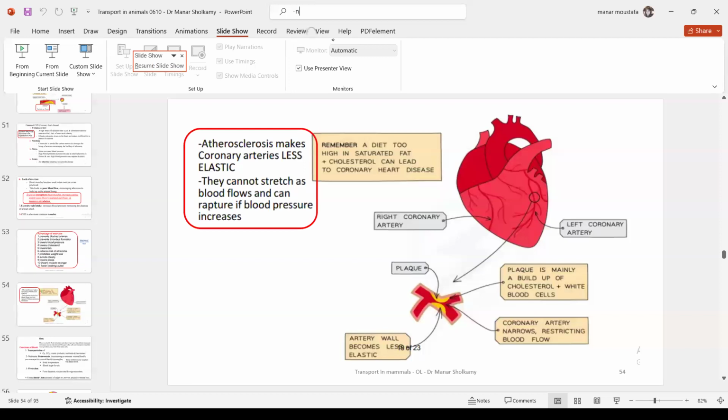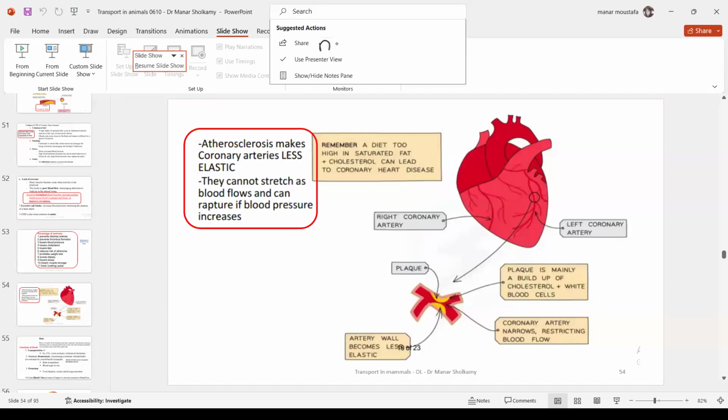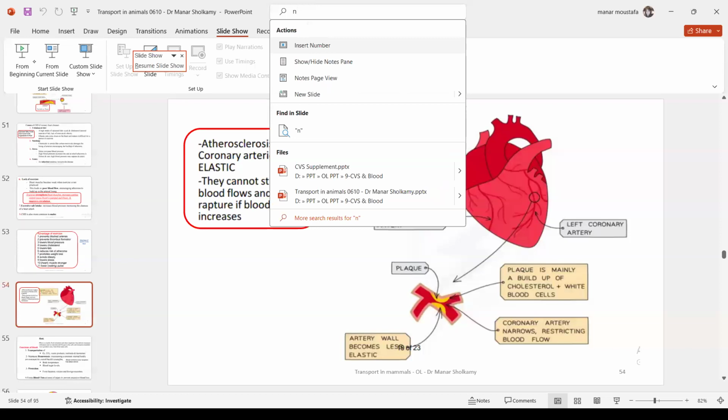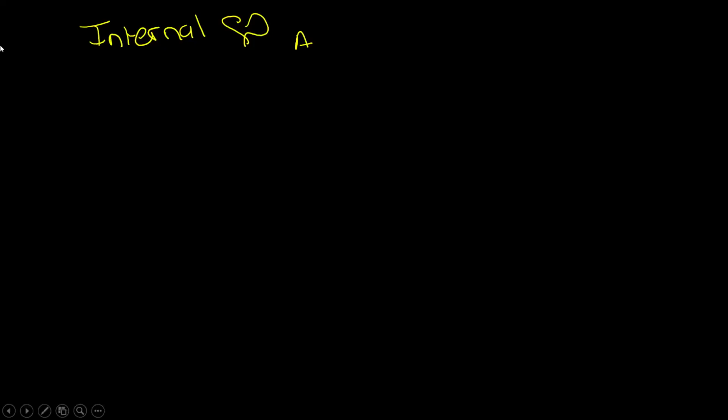Okay, the internal heart anatomy. So what are we going to do? We are going to look inside the heart.